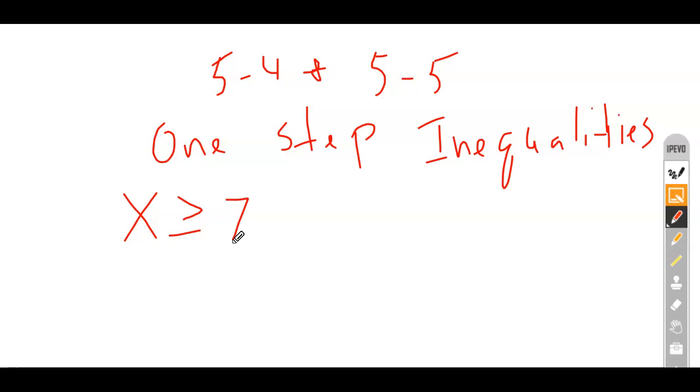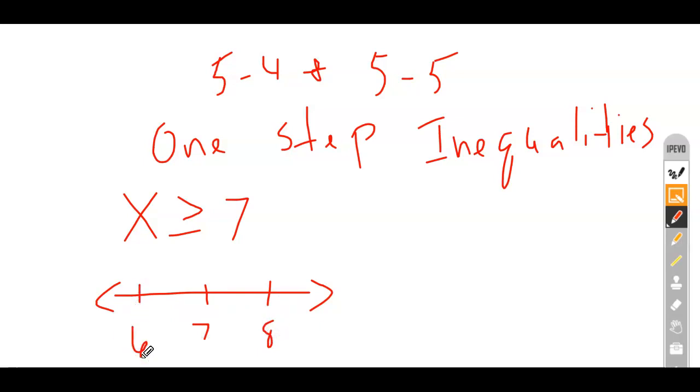So you need to bring at least 7 pencils to school. If I say at least something, then that would be greater than or equal to 7. So how would I graph that?